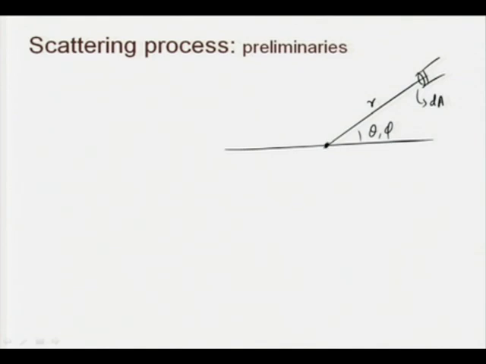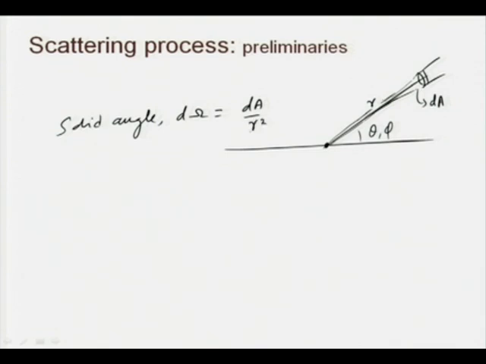This detector is a 3-dimensional object, and that makes what is called a solid angle, okay. Solid angle, let us denote it by d omega, which is defined as dA divided by r square.